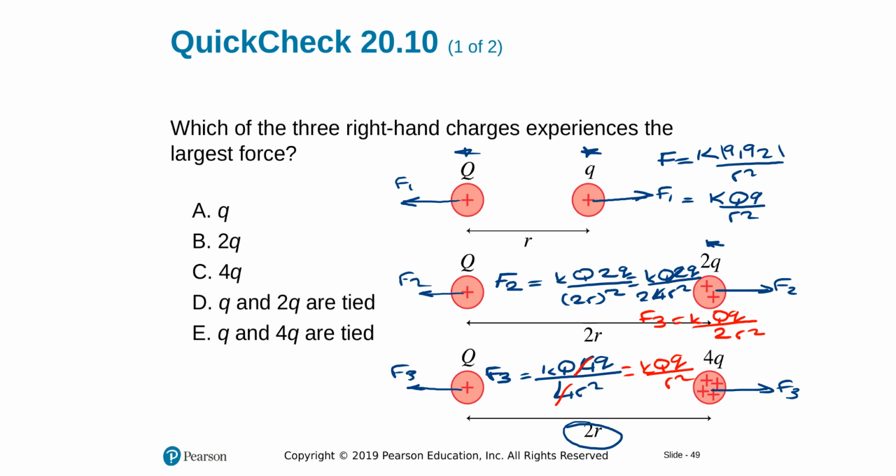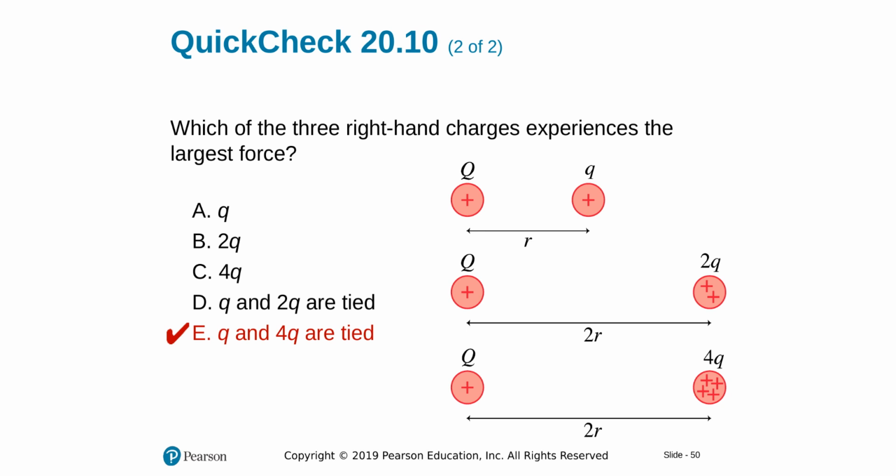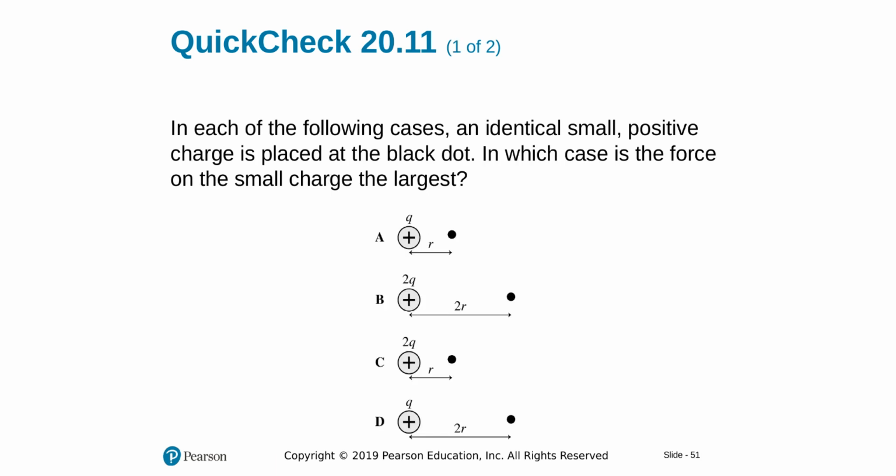The smallest is F2, the second option, and the other 2 are equal to each other. 1 and 3 are equal to each other. And our option says the largest would be 1 and 3, and they're equal to each other. So Q and 4Q are tied is the answer here. This option and this option is tied, and they are the largest.